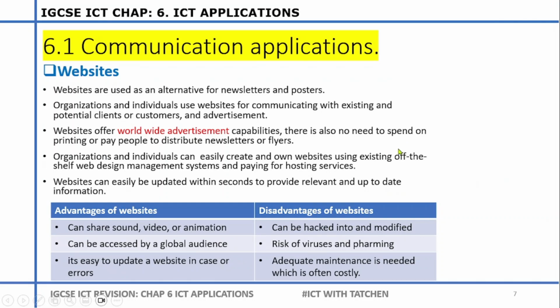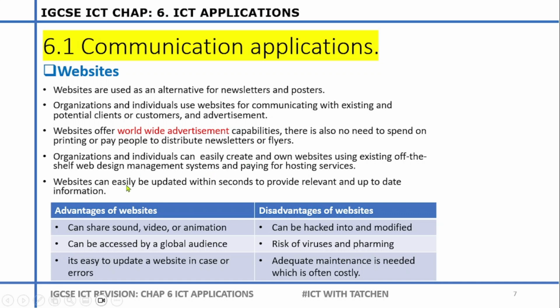Now moving on, another communication application: ICTs and websites. We use websites every day, for instance for World Wide Web advertisement. You can use them for advertisement, and that's also why you watch streamed videos and all those things. Those are all websites.